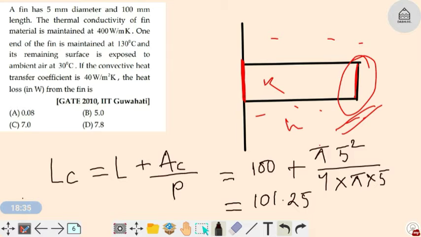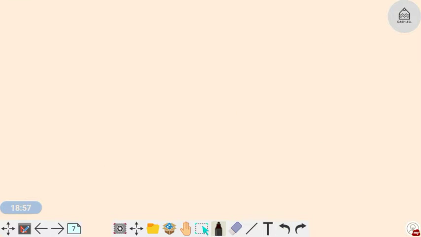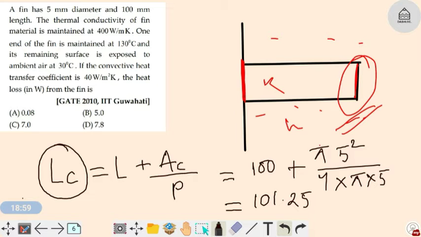So now this question has been converted into the insulated tip fin question. If I replace L with LC, my question converts into the insulated tip fin question. What has been asked is the heat loss.